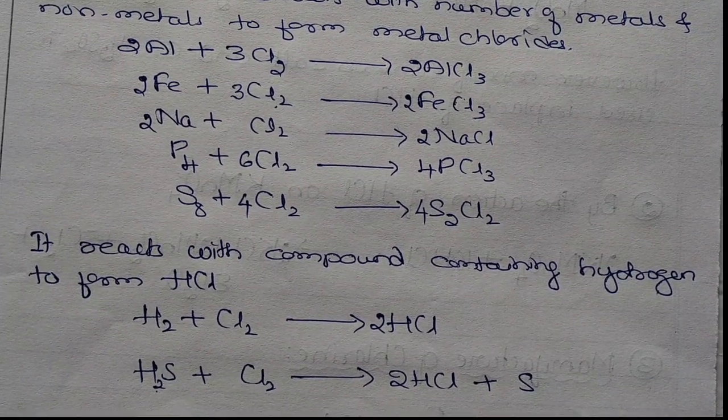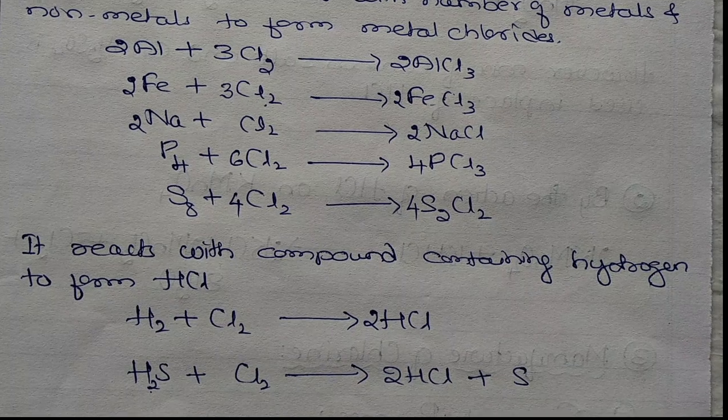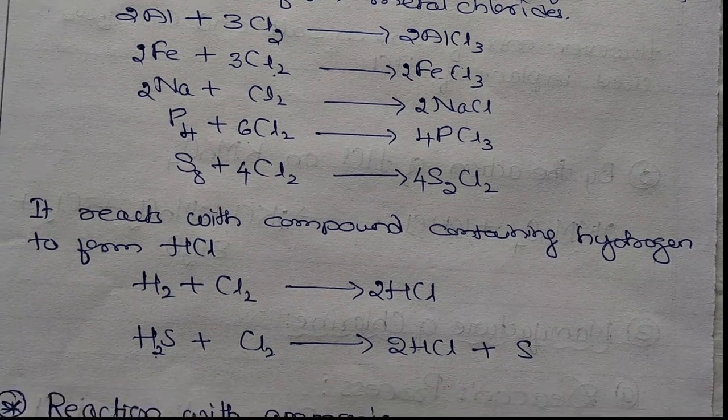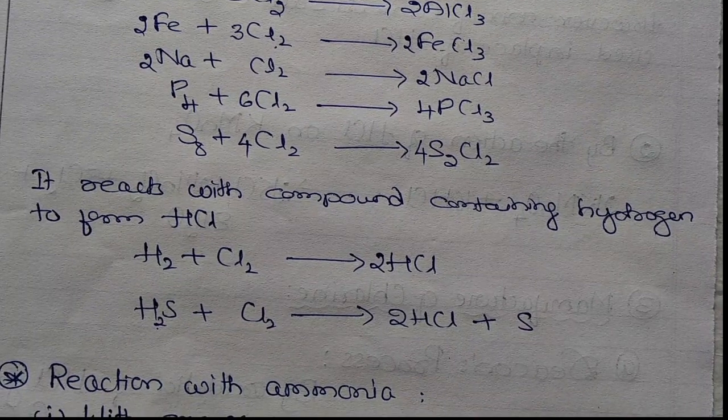Next are some very important reactions in this 17th group, mainly when it reacts with ammonia and when it reacts with sodium hydroxide. Two conditions come up: when it reacts with excess ammonia and when excess chlorine is there. First, the reaction with ammonia.